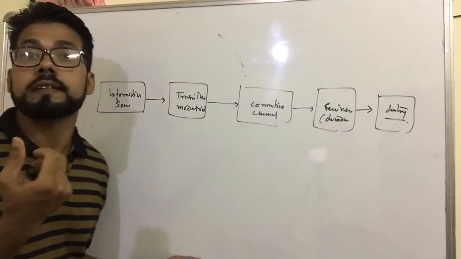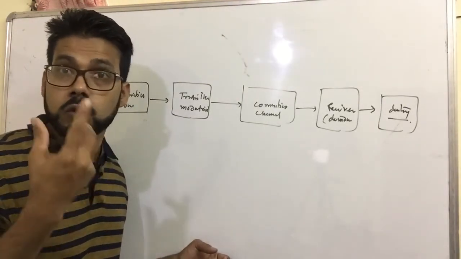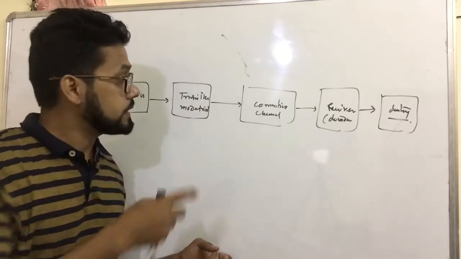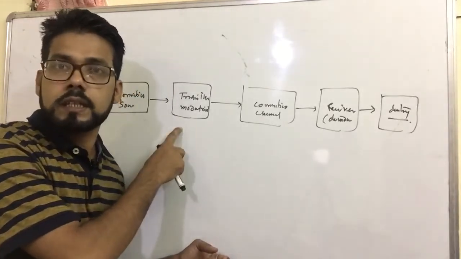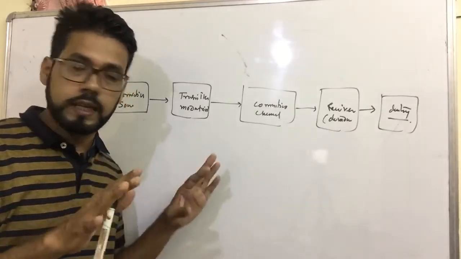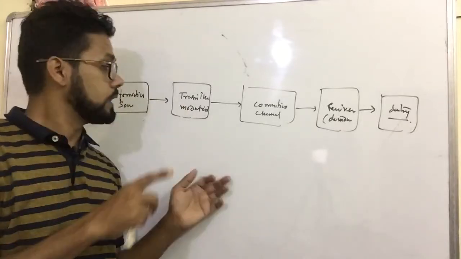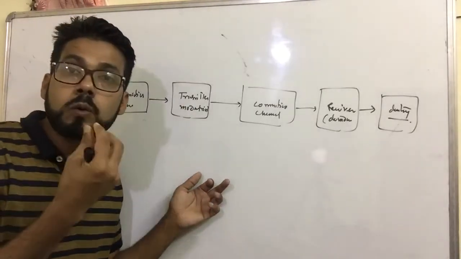Now, second point, information source. What type of signal is it? Suppose this is a sound signal. Sound signal is non-electrical, so how can you send it to the transmitter? This transmitter is composed of electrical as well as electronic components. And why am I writing modulation here? I will tell you. Suppose I am sending a voice message.